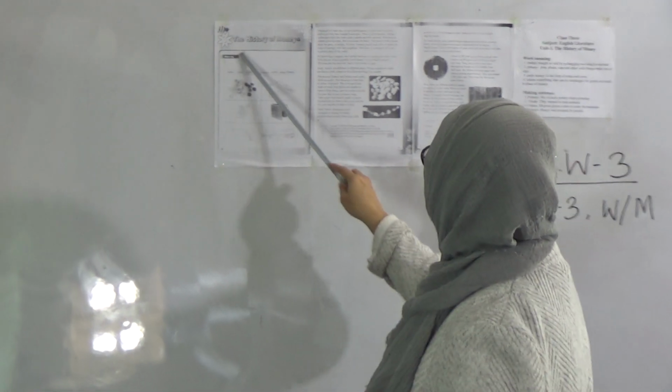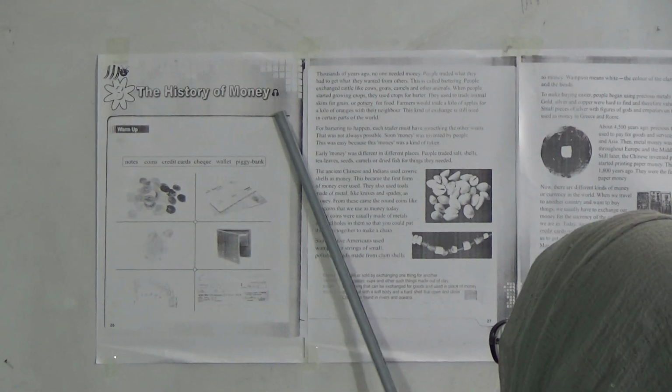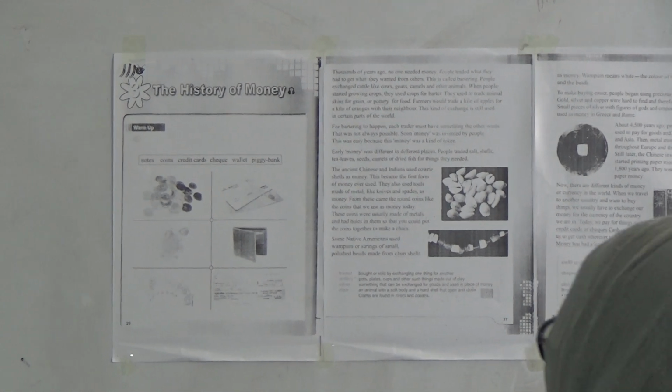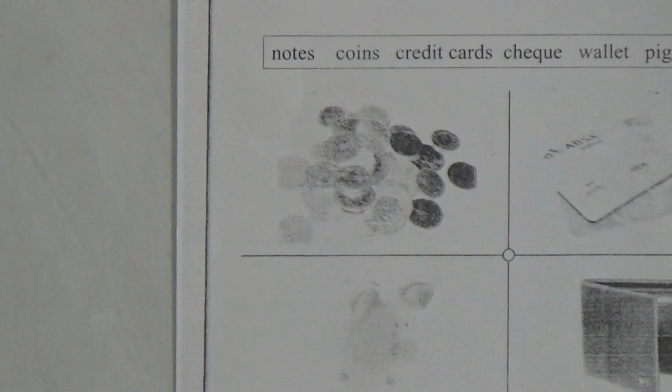The history of money, this is our unit's name, and this story is about money. Can you see these pictures? You cannot see them properly here, but in your book you can see colorful pictures.